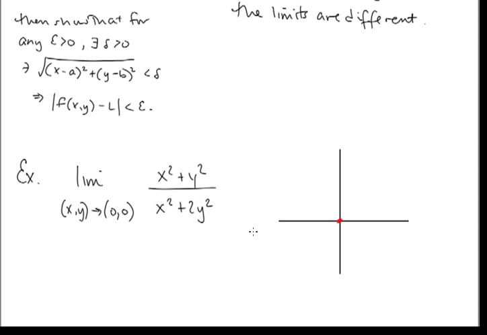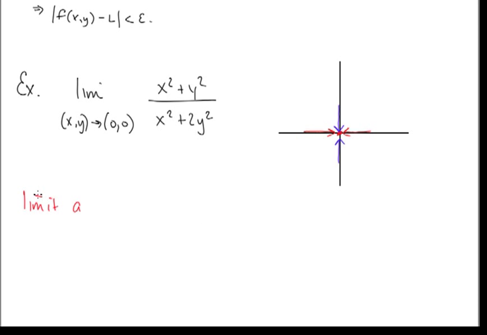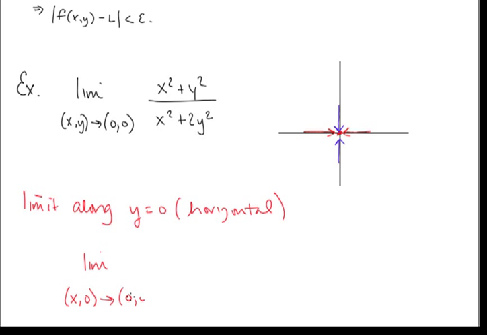Now where are we going to come up with these two paths? Well, the simplest way to get to the origin would be horizontally along the x-axis or vertically along the y-axis. So let's take a look at these two directions. If we take the limit along y equals 0, so that's the horizontal direction, then what we're looking at is the limit as (x,0) goes to (0,0) of (x squared plus 0 squared) over (x squared plus 2 times 0 squared).